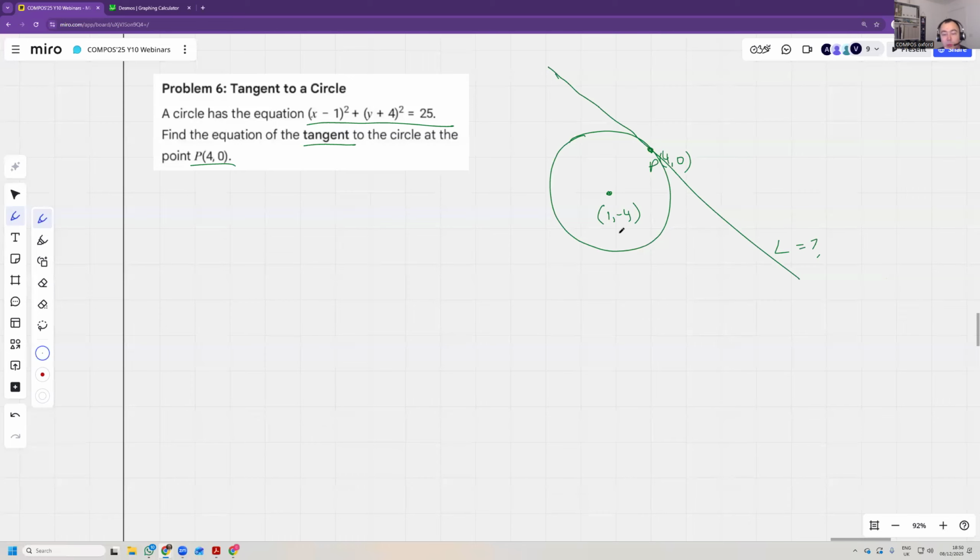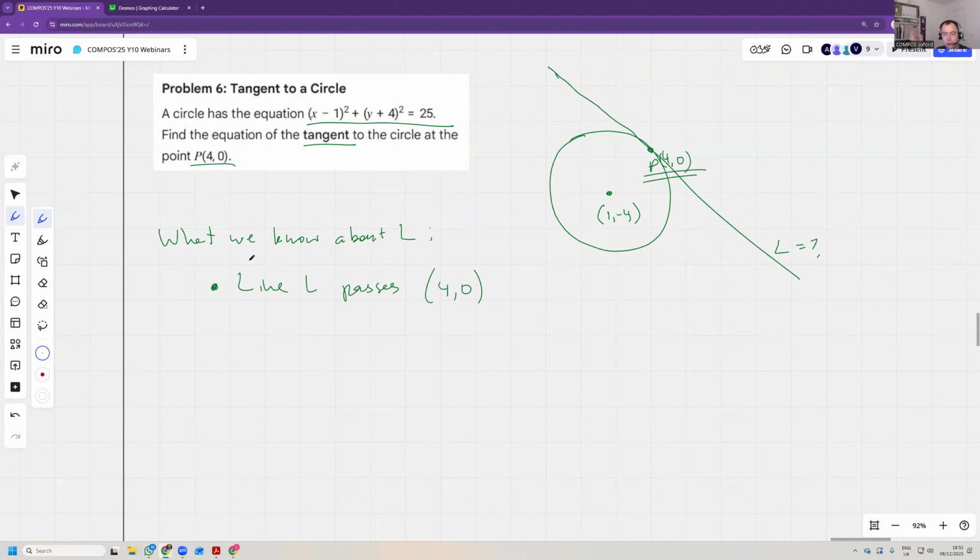Now, what do we know? Well, we know that the line L passes through the point 4, 0. That's the first thing we know about L. But that's not enough because there's infinitely many lines that can pass through a given point, right?